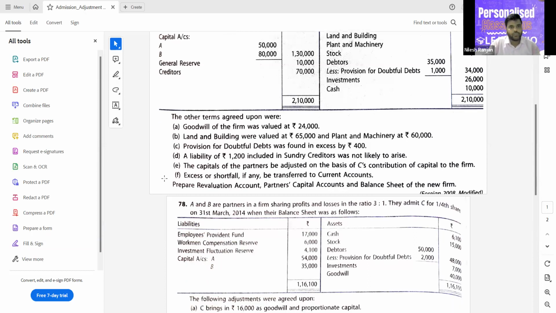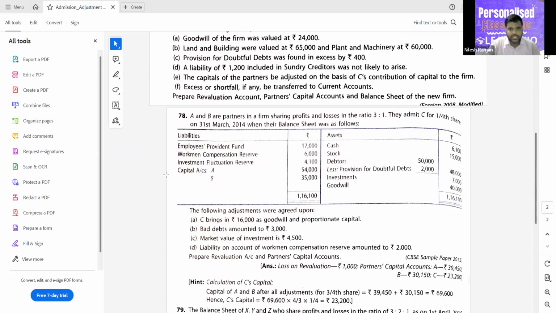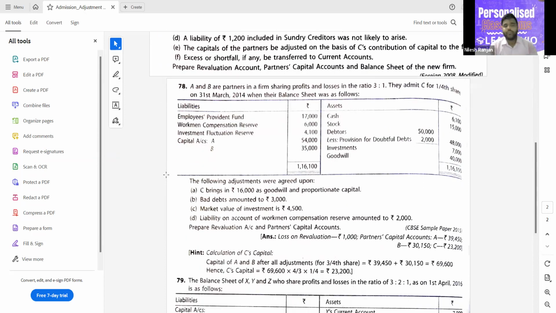So question number 78. A and B are partners in a firm sharing profit and losses in the ratio of 3:1. They admit C for a 1/4 share on 31st March 2014, when their balance sheet was as follows: Employee Provident Fund, Workman Compensation Reserve, Investment Fluctuation Reserve, capital accounts, cash, stock, debtors, provision, investment, and goodwill are given.